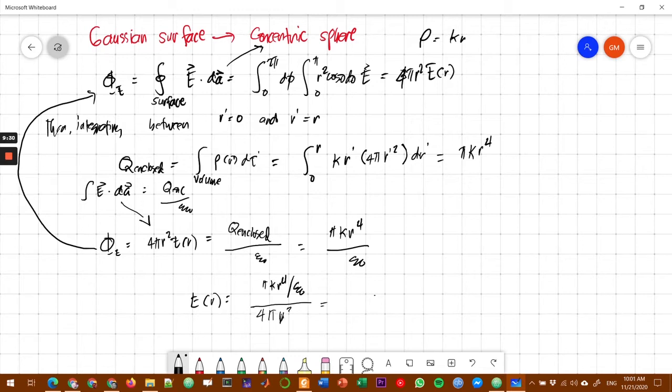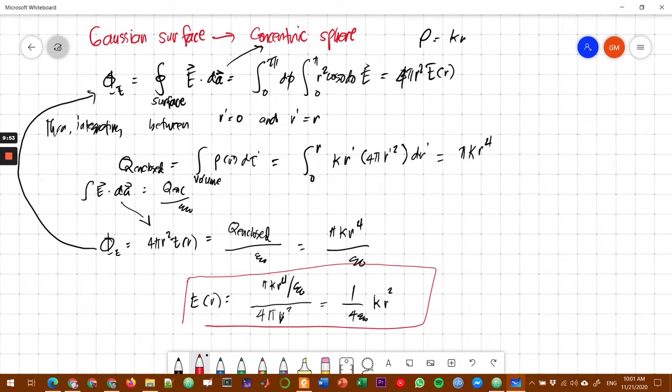So mag-cancel naman na ang imuhang 4 pi. Mag-cancel ang pi, and then what we are left with is 1 over 4 epsilon naught, k over r squared. So this would be now our formula for the electric field. Okay, that's the electric field for problem 1.